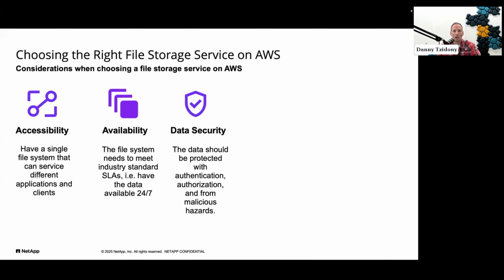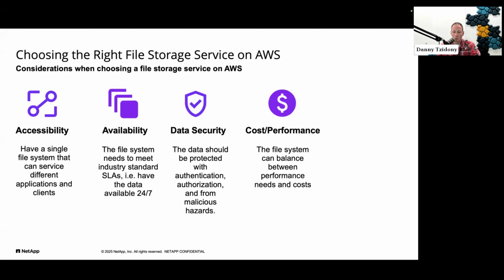So the ability to secure our data, to segregate the data, and to make sure that only the relevant business users or resources have access to the data. And that's one of the major things that we saw in our poll.